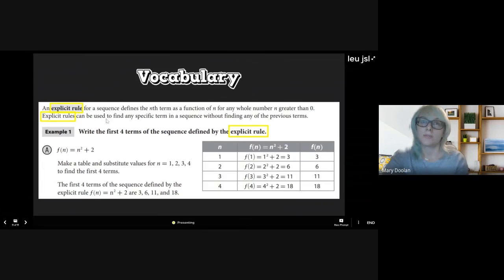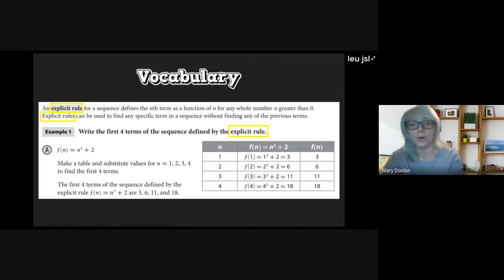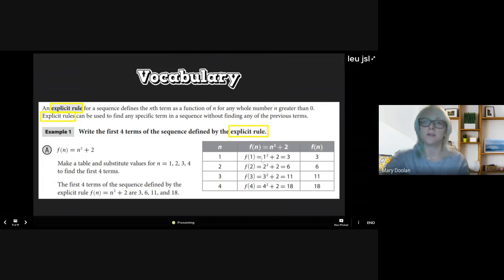And explicit rules can be used to find any specific term in a sequence without finding any of the previous terms. So these are not dependent on the one before it. I wouldn't have to know what f of 3 is to figure out what f of 4 is. I could just figure out f of 4 because the rule here in this example is n squared plus 2.